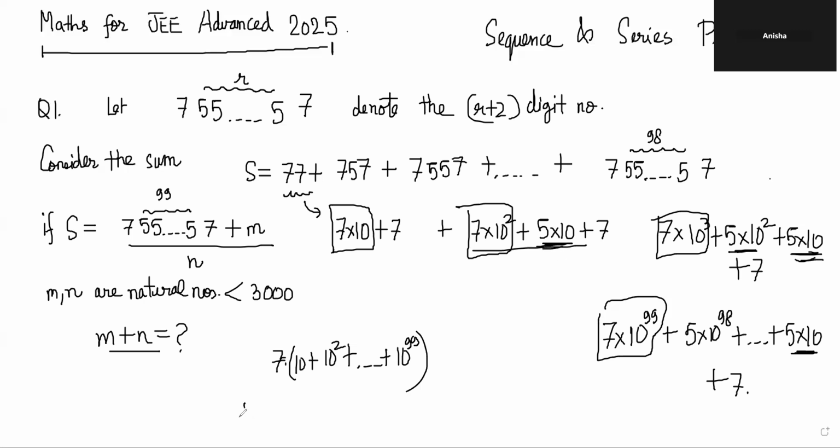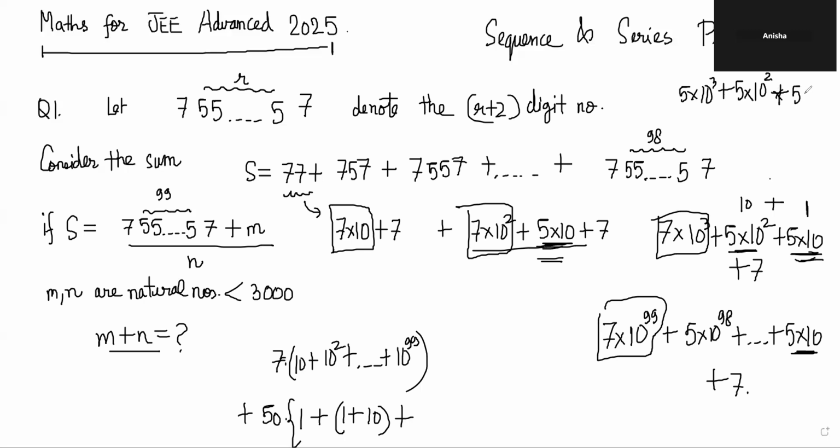So we can take 50 common and you will have 1 from here and 1 plus 10 from here. If you think of the next term, it would have been 5 into 10 cube plus 5 into 10 square plus 5 into 10, so taking 50 common you would get 1 plus 10 plus 100.